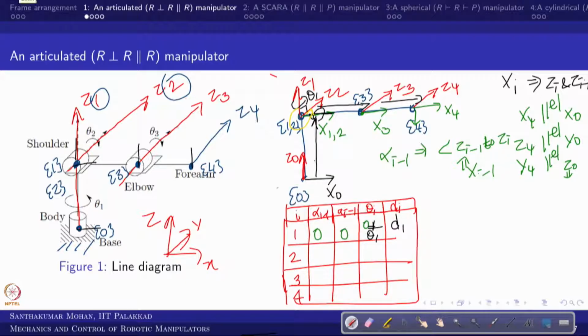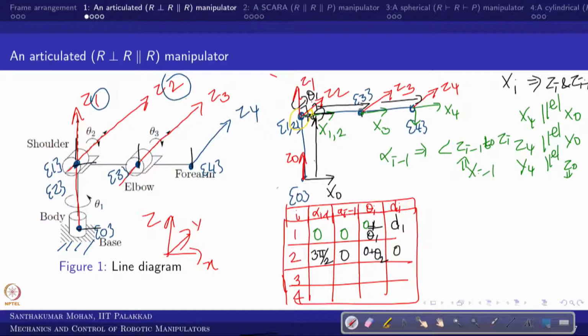So you can write 3 pi by 2, in the sense 270 degrees, and there is no distance along x1, so 0. And this is again an active joint, right. So that is 0 plus theta 2, and there is no distance along z2, so that is 0.